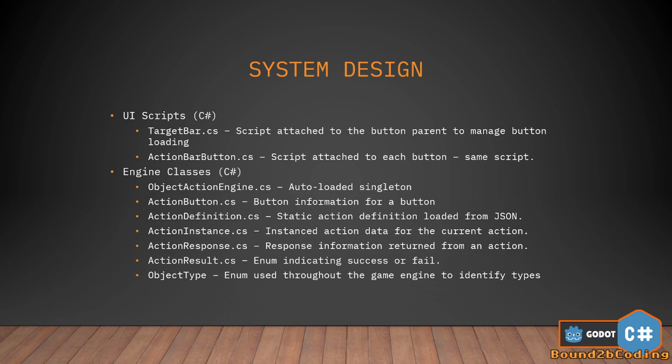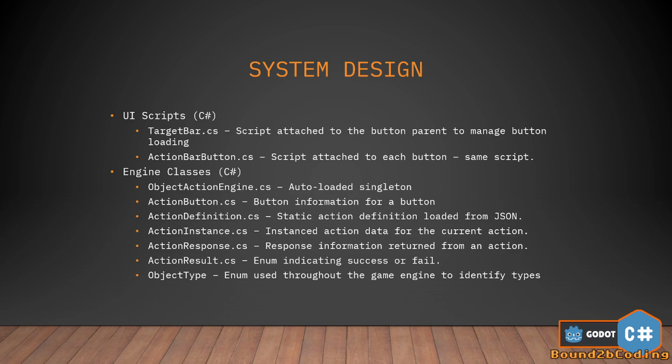We have a response that comes back whenever an action is finished, and that response information comes back from the action and is used in the engine. The action result is basically an enum, an enumeration that indicates a success or a fail or not possible. It basically tells us what happened in the action and what was the result of the action.